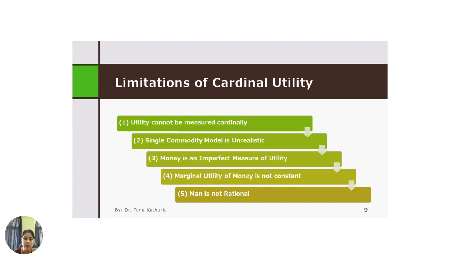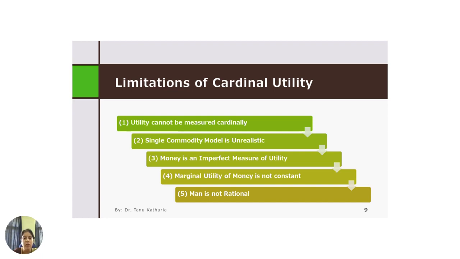I cannot measure utility in terms of money because diamonds are the costliest stone a human can wear, but they do not give me any real utility after wearing them. Mentally I'm just satisfied that I'm wearing diamonds. So we cannot say that money is the perfect measure of utility.